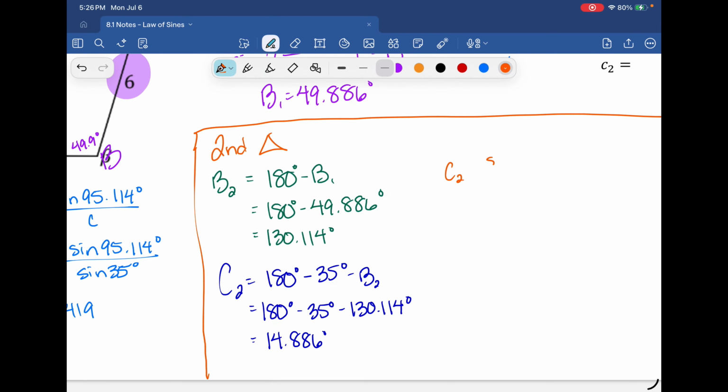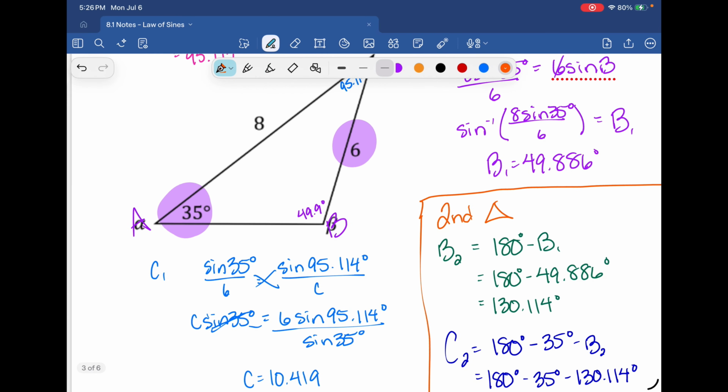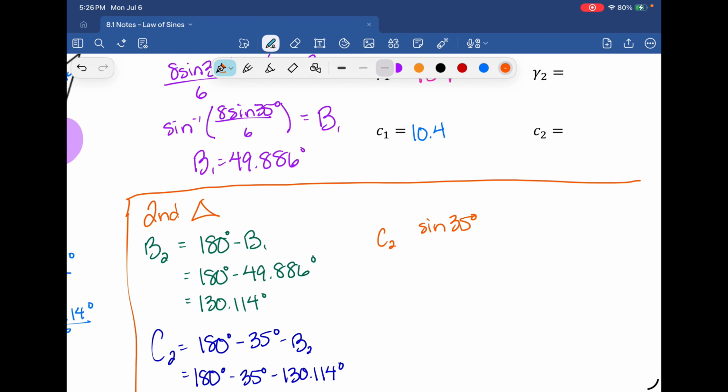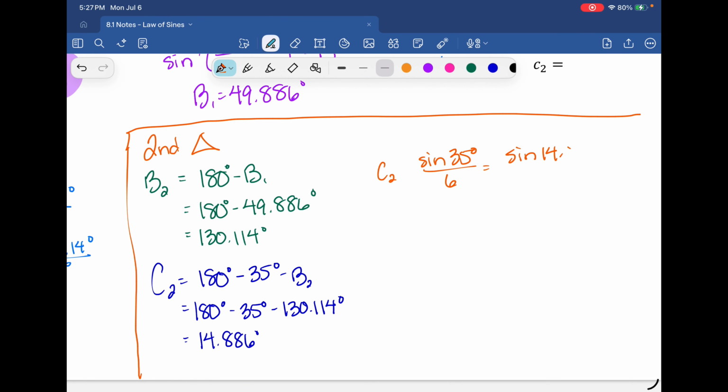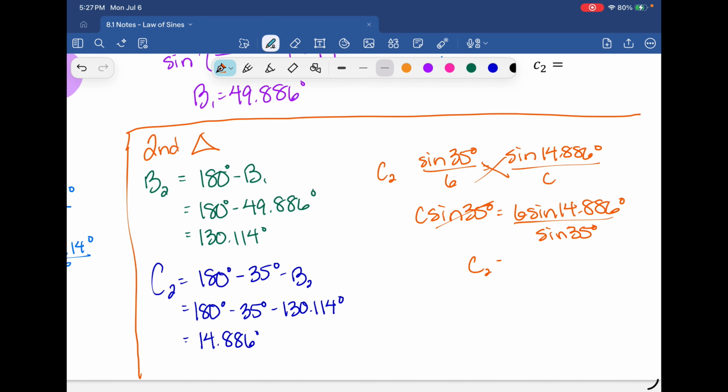Sine of the given information, 35, over 46 equals sine of the new angle C over C. Cross multiply, divide, and calculator.